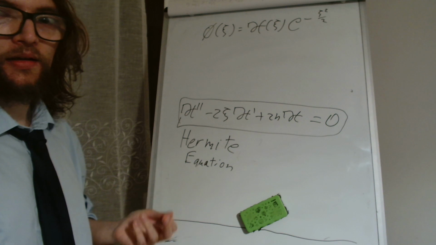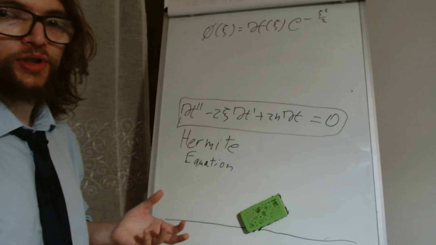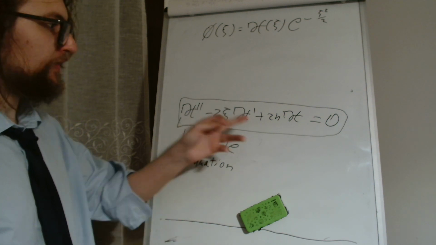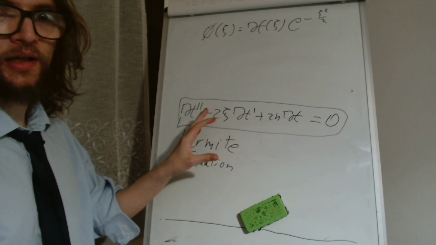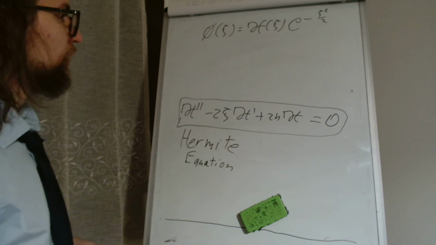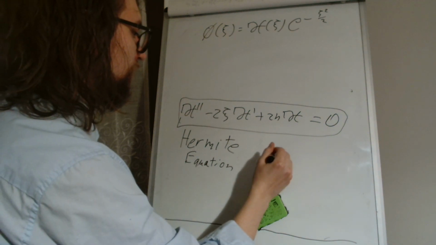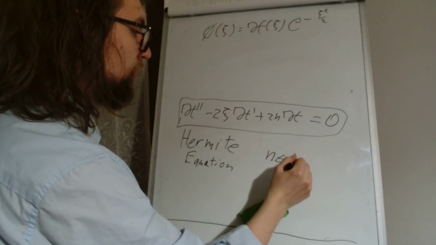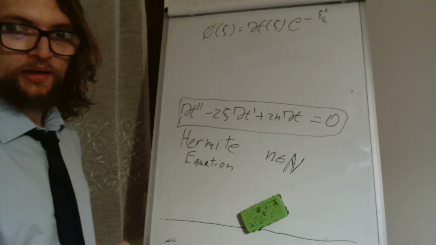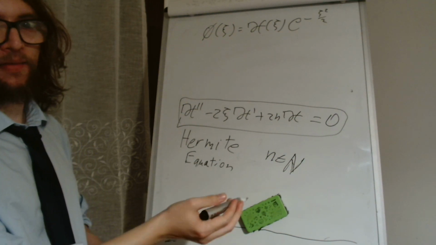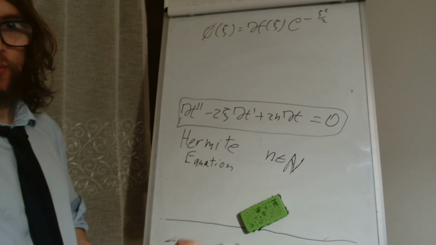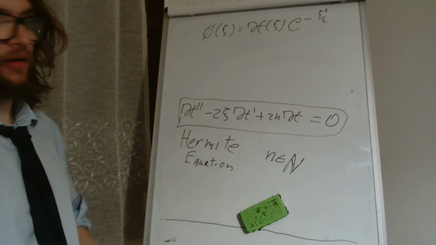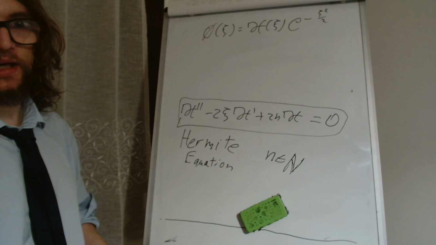And to get the convergent solutions, we must have n to be an integer. Only if n is an integer, we can get convergent solutions. So our spectrum of solutions will be discrete, and this is mathematically where the discrete solutions of quantum mechanics, in the case of the harmonic oscillator, come from.